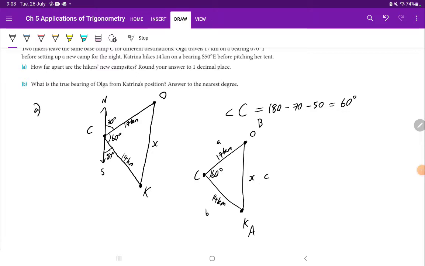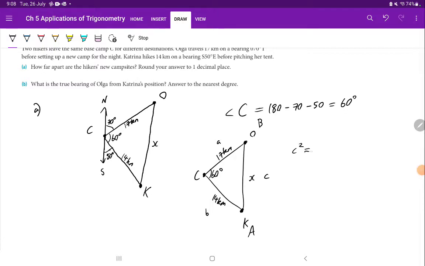And you'll notice that I don't have a pair of side and angle, because if I had a pair of side and angle, I'd rather use the sine rule. But unfortunately, I know this side, but not its angle, and I know this side, but not its angle, which means the only option is to use the cosine rule. And in this case, we're using the cosine rule to find a side.